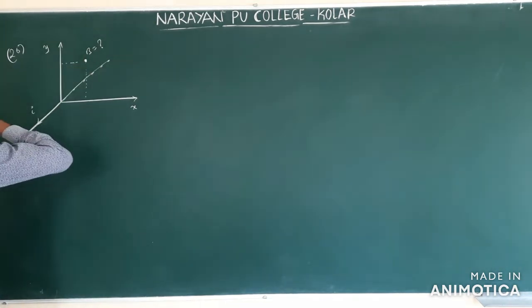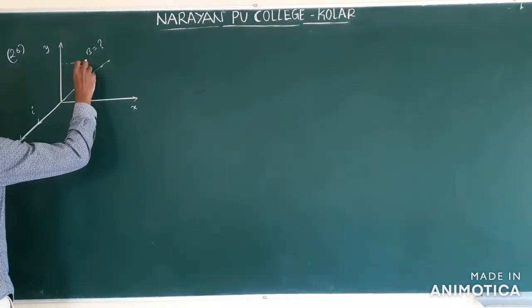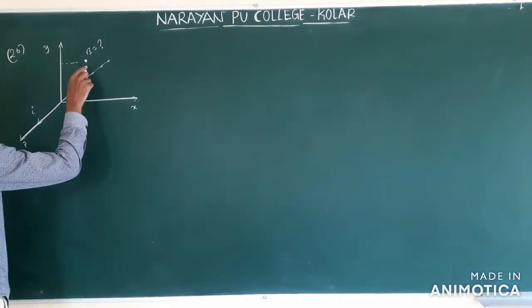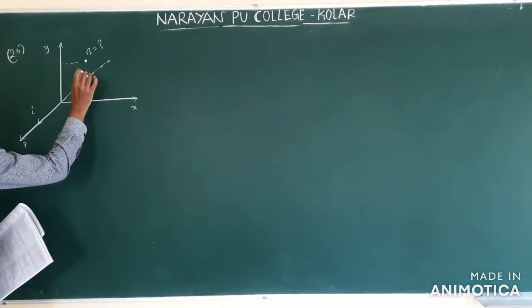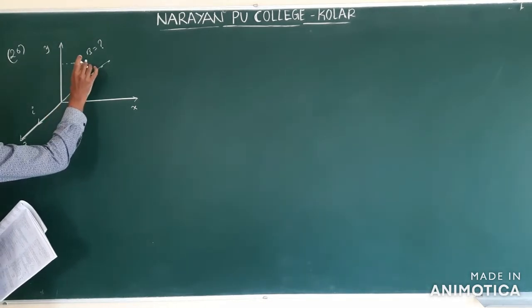So first we need to find the distance from the z-axis. Clear? In this figure it appears like this, but this is the actual figure, a point in space. This is the z-axis. In the xy plane we need to find the distance d.